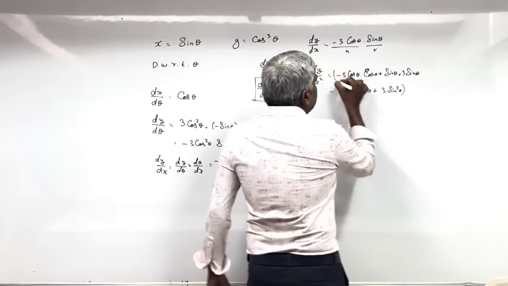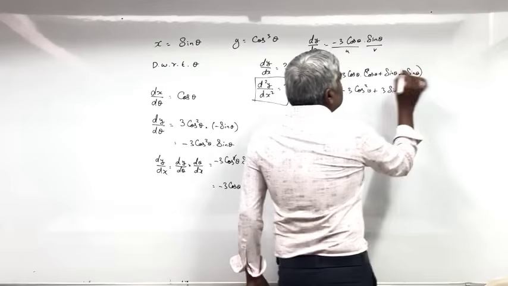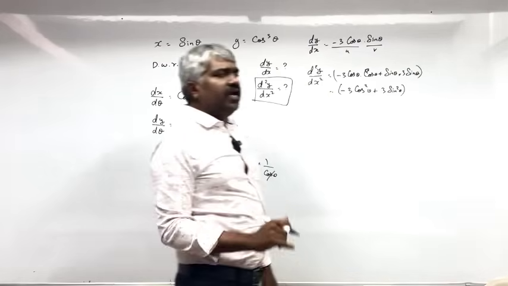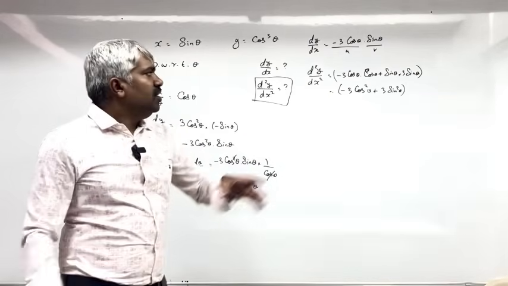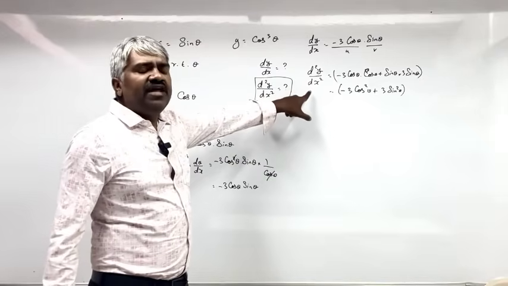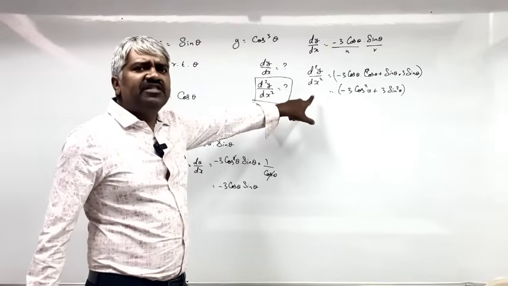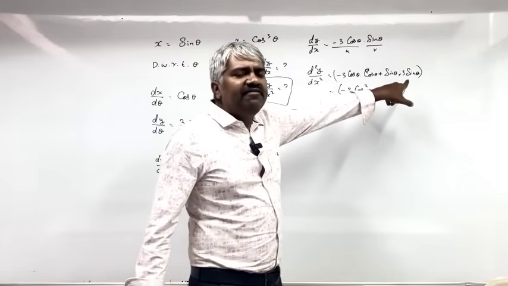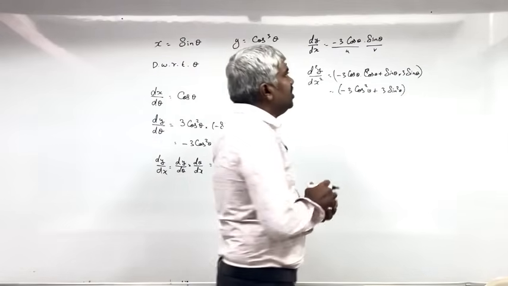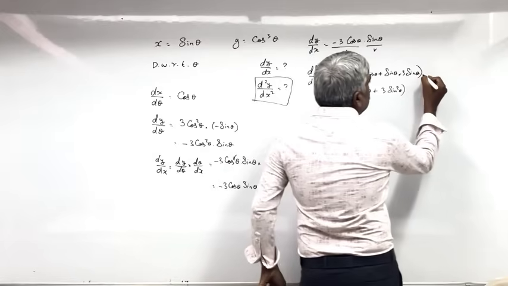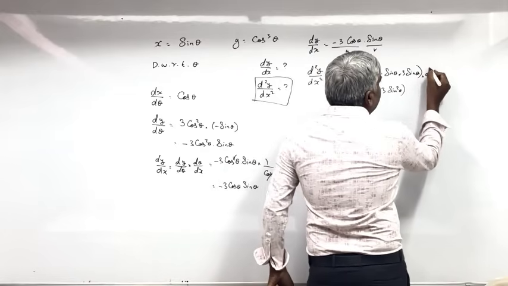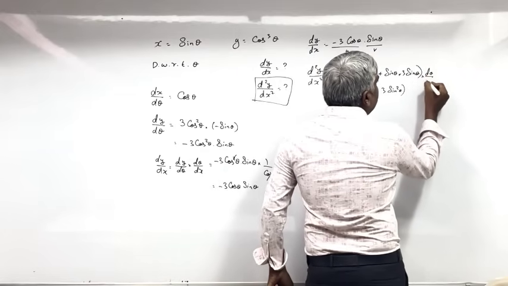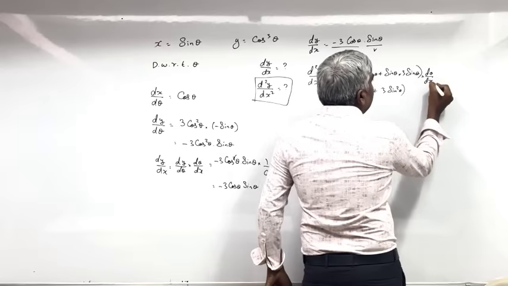Now you will get a doubt. So this is okay, but here we have differentiated with respect to x, but we don't have any variable x over here. So instead of that, you can put d theta by dx.